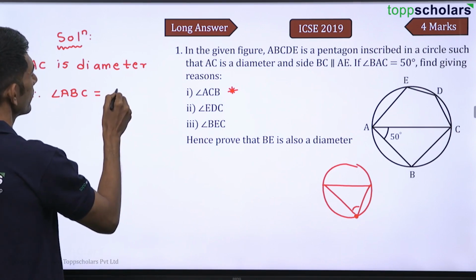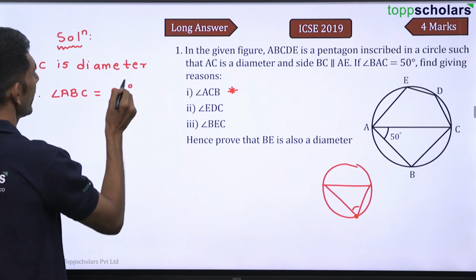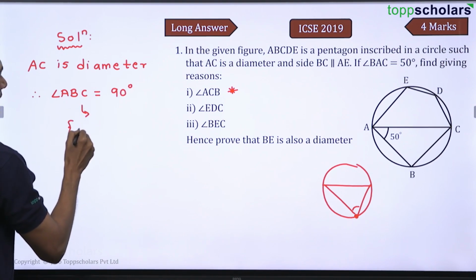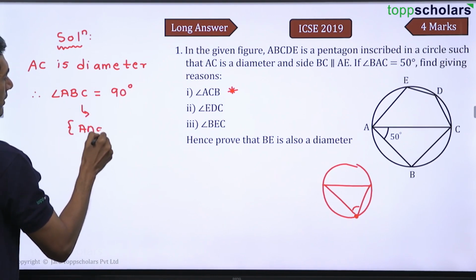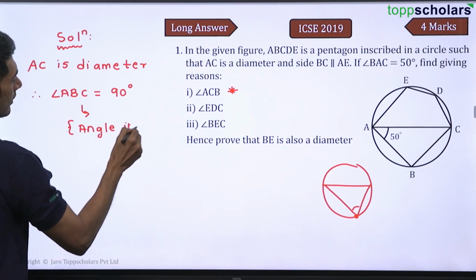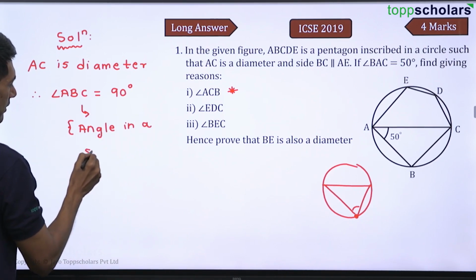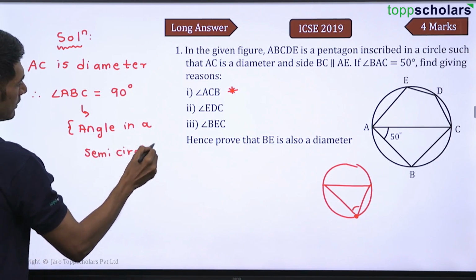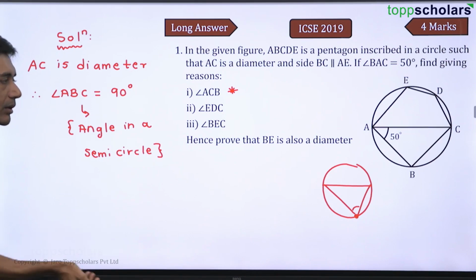Angle ABC will be equal to 90 degrees. What is the reason? The reason is angle in a semicircle is a right angle. Okay, so we got this.